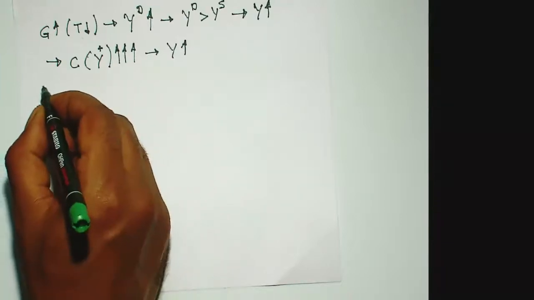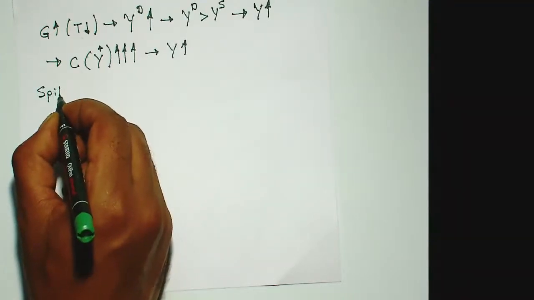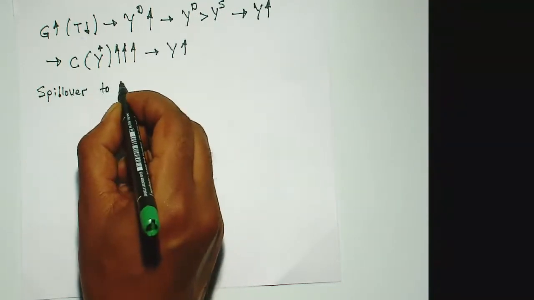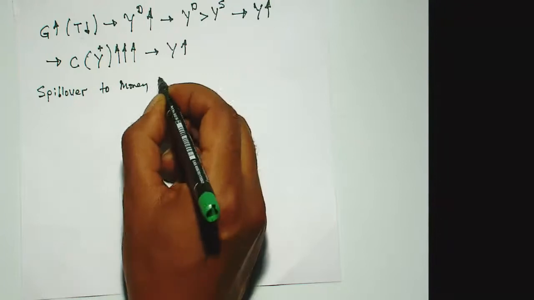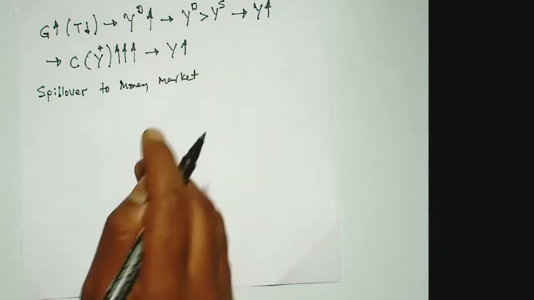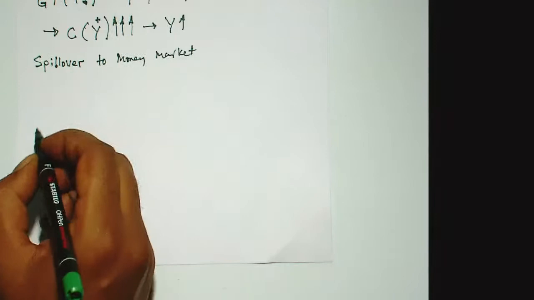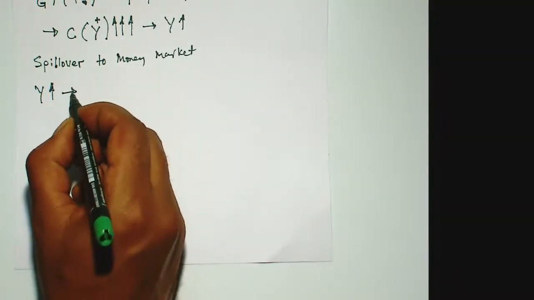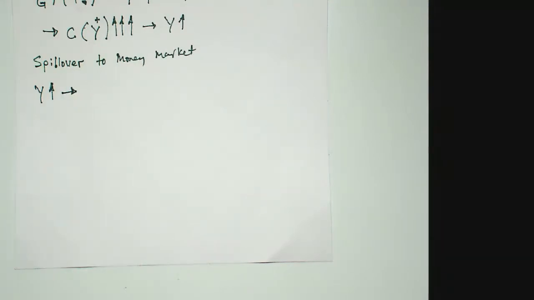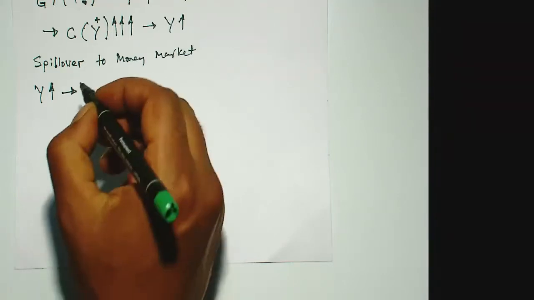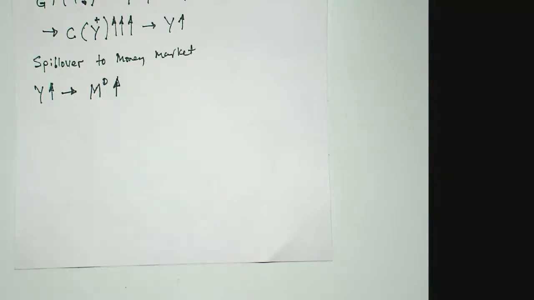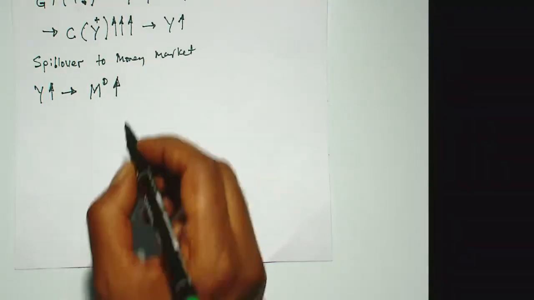This increase in income can also be indicated in the money market. So we would write the spillover to the money market. We again start with an increase in income. If income increases and aggregate demand increases, aggregate demand also incorporates money demand. So if aggregate demand increases, money demand would also increase.